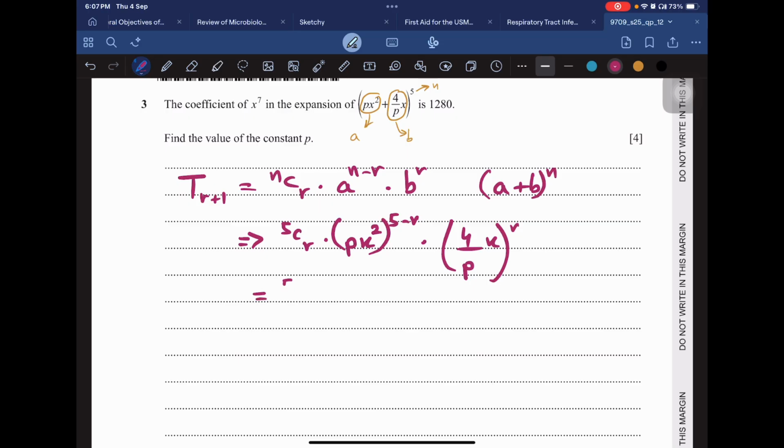So 5Cr we cannot simplify. px power 2 whole power 5 minus r. So we'll divide the powers over here. We'll write p power 5 minus r times x power 2, and then the power on that is also 5 minus r. Okay, then we have 4 power r times x power r upon p power r.